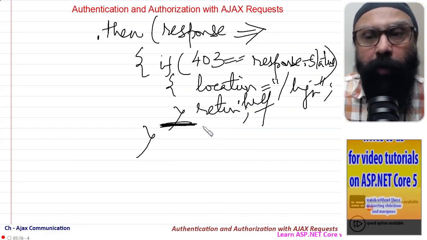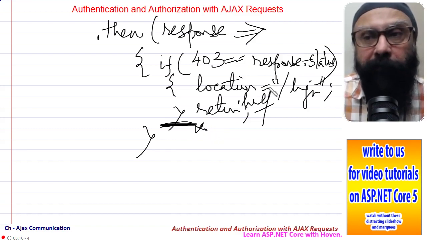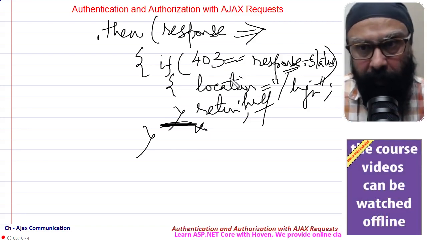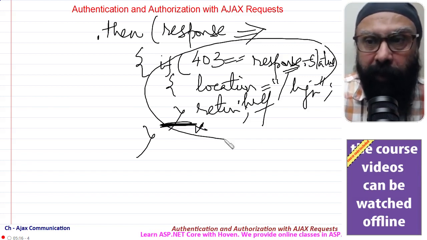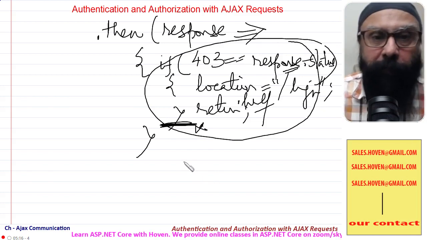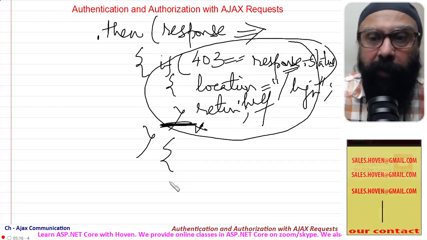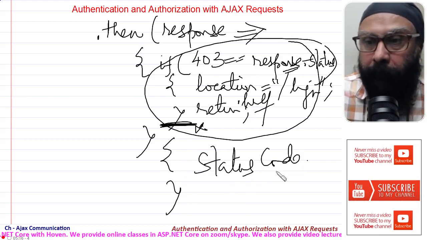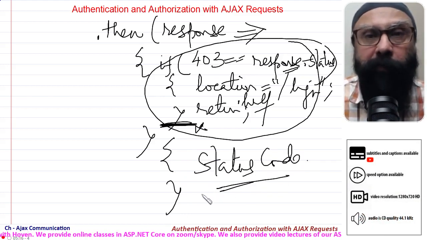Then that whole story will proceed here if the response status is not 403. So it is this thing that works on the JavaScript side, and on that side you set a property of the JSON result. The property is called status code. This is the basic theory of how it works.